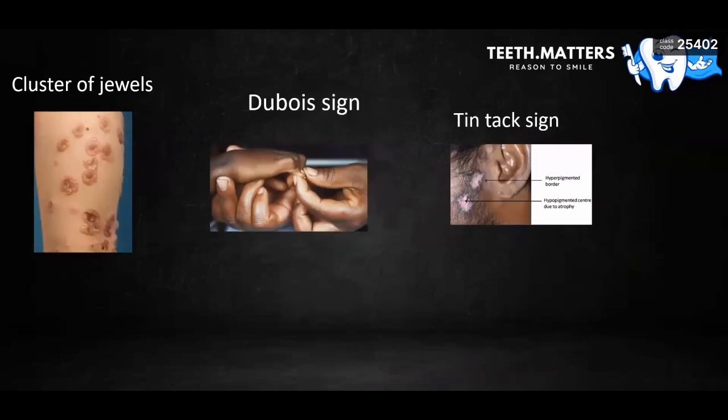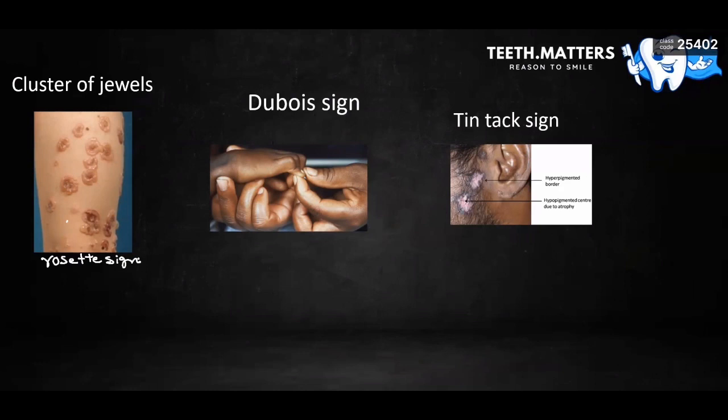Next, now this is the cluster of jewels sign. In the figure it appears like pearls, and it is also known as rosette sign. It is seen in the early stage of chronic bullous disease of childhood, when a new lesion appears.